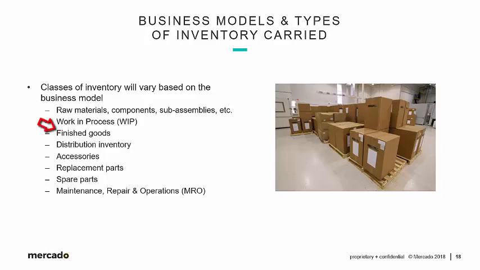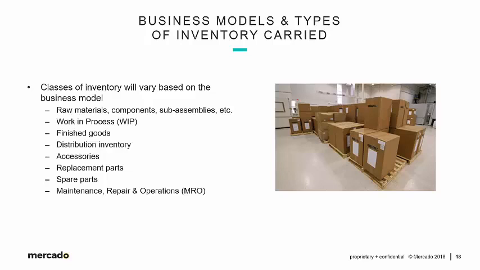Finished goods, that e-tailer, that retailer. Nike, to go back to our example, they're buying finished goods overseas. They're not dealing with production, at least directly. They're selling finished goods. Distribution inventory, as the name would indicate, are goods that are out in a distribution channel but haven't gotten to the final user yet.